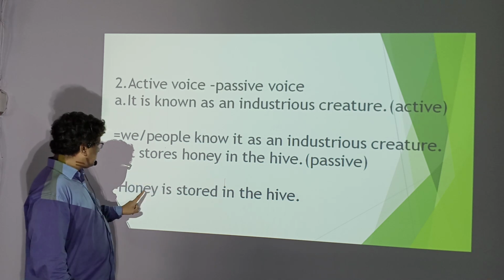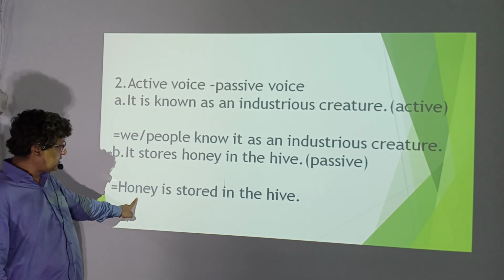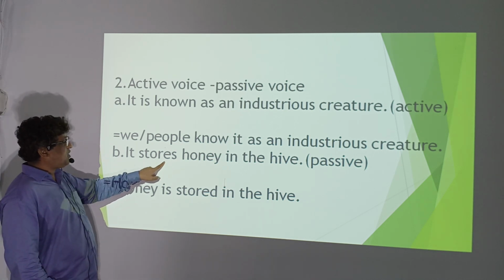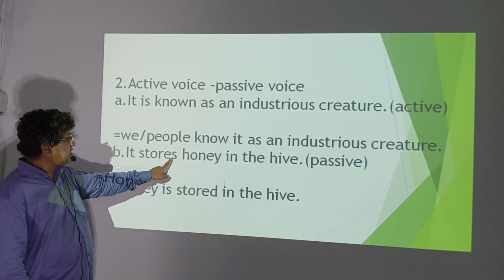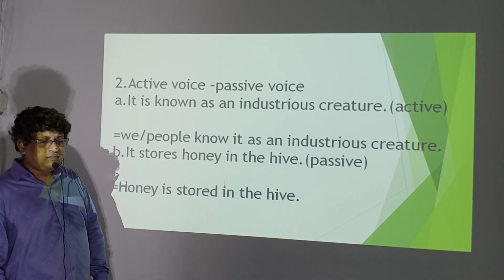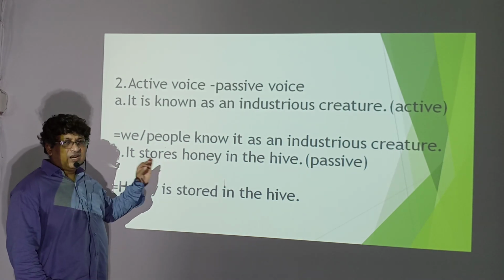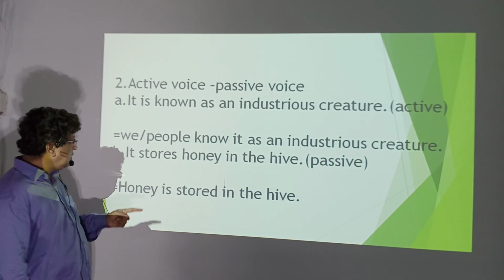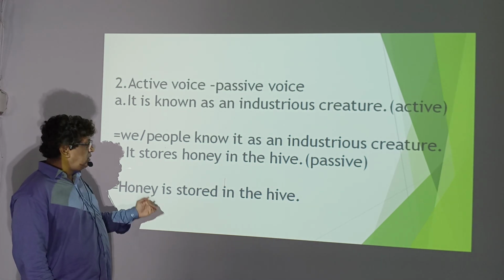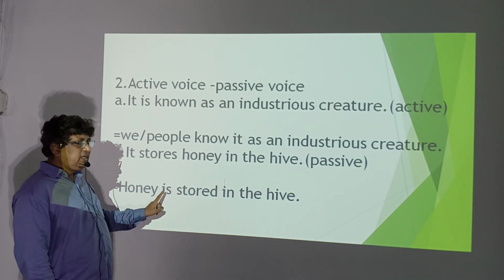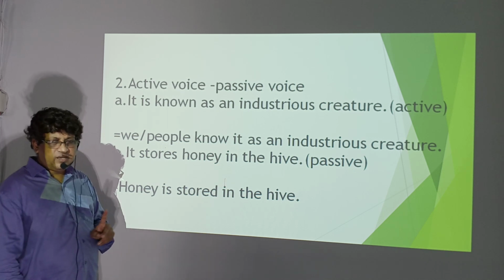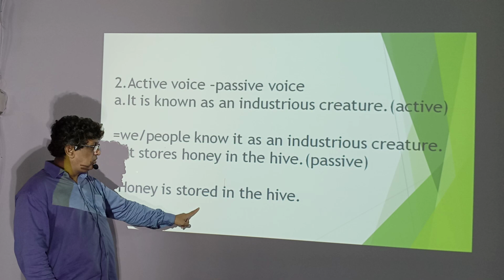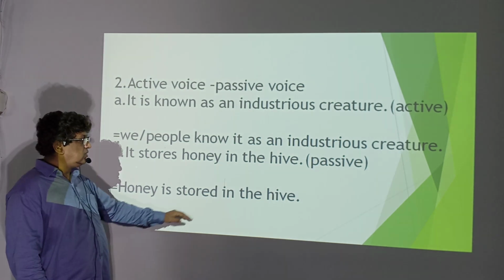So honey first has been taken as the subject. Then, the verb is stores, and the presence of the s form with the main verb stores determines that this is present indefinite tense. So honey will be accompanied by is as an auxiliary verb, and store has been transformed into the past participle form, stored.